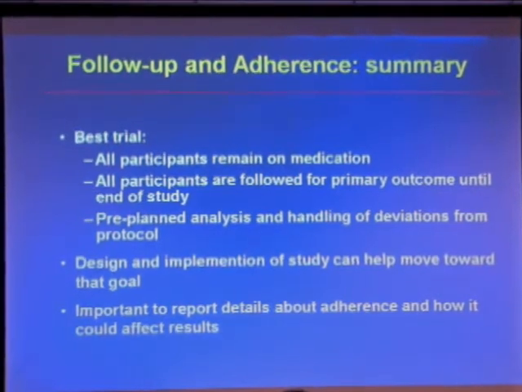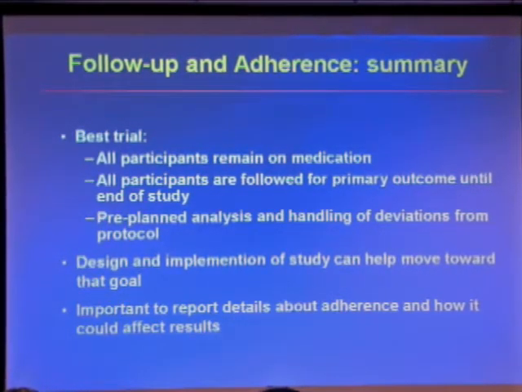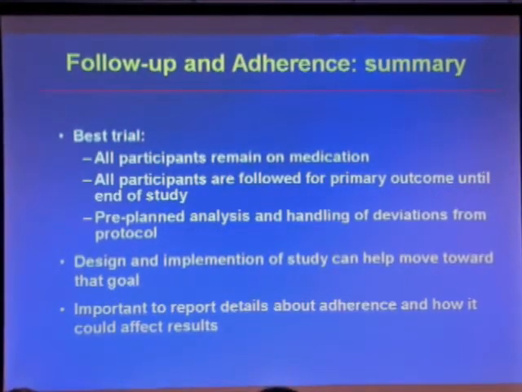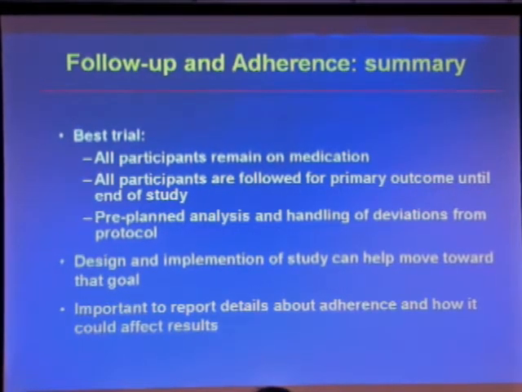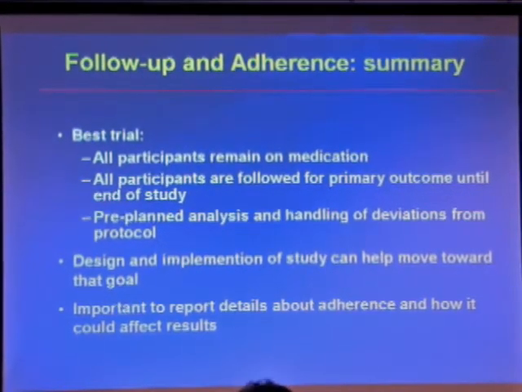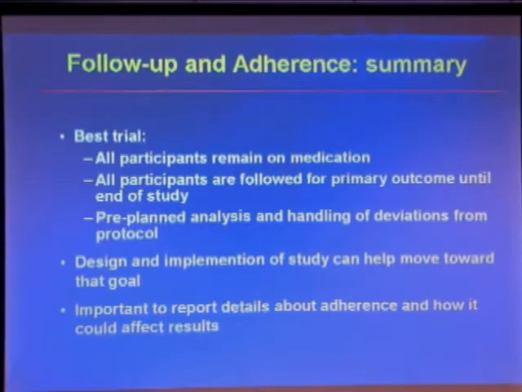And also a pre-planned analysis and handling of deviations from the protocol would be an important factor. The design and the implementation of the study can help move toward the goal, so it's not just an analysis issue, it's something you think about from the beginning, and it's very important that you report the details of adherence and how it could affect results. So once again, that summarizes all these things.